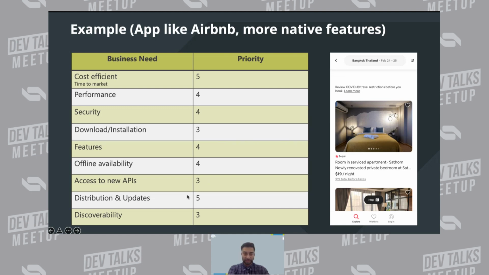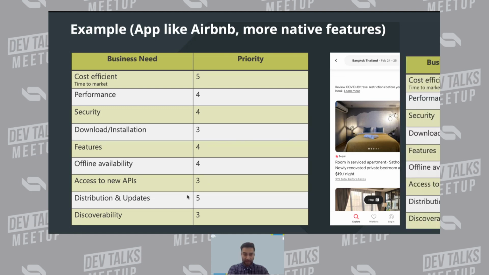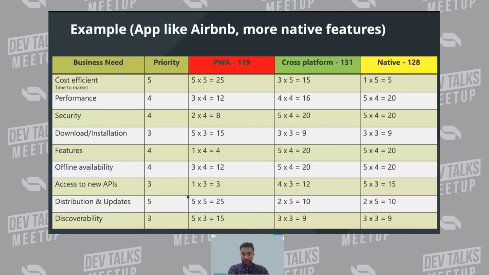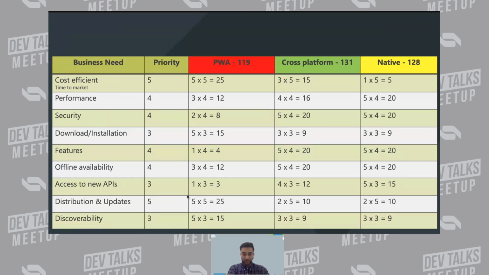Again, for distribution and updates, we have that as a priority as well. And for discoverability, it's not that high of a priority for us.